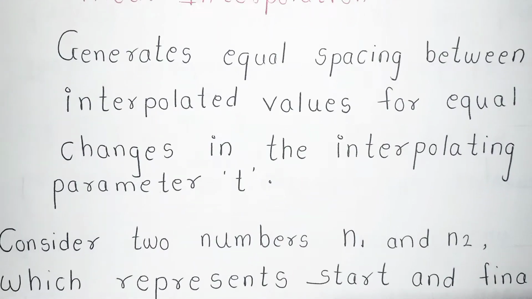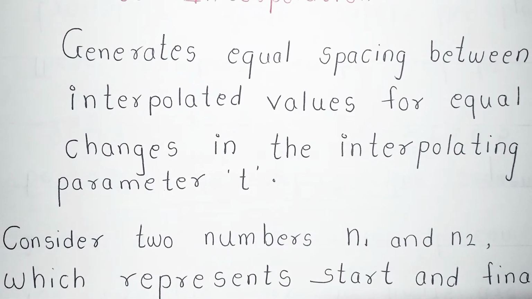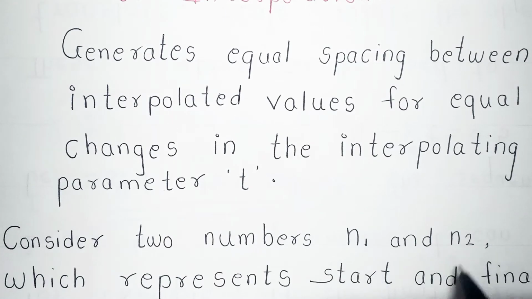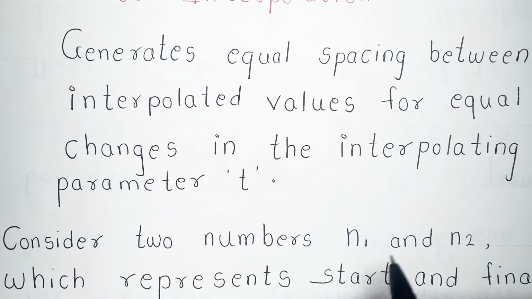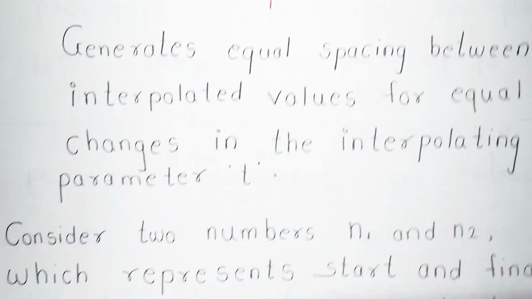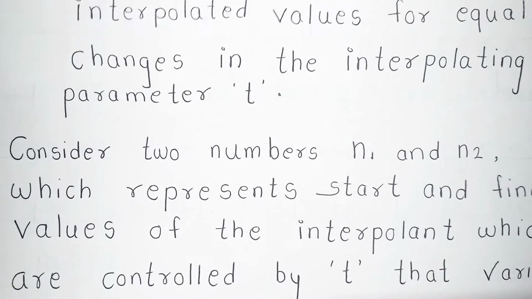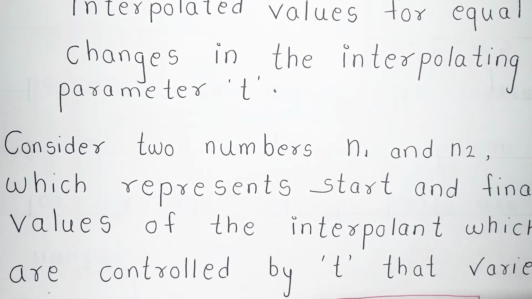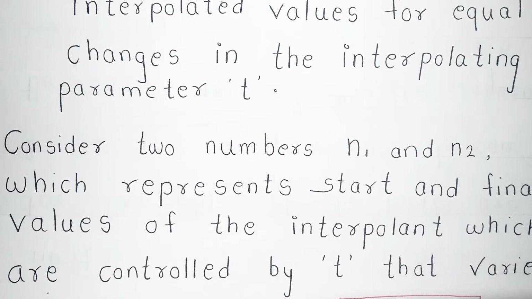Now consider two numbers n1 and n2. Now n1 indicates the starting limit and n2 indicates the end limit, or we can say that n1 and n2 are the start and final values of the interpolant. Now here we use the parameter t which controls these start and final values of the interpolant.